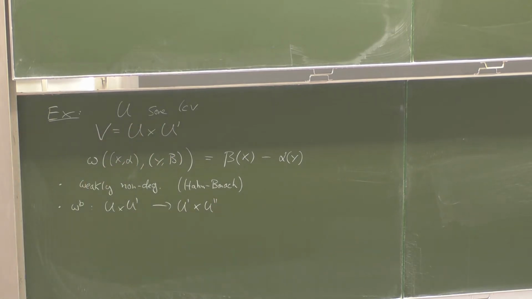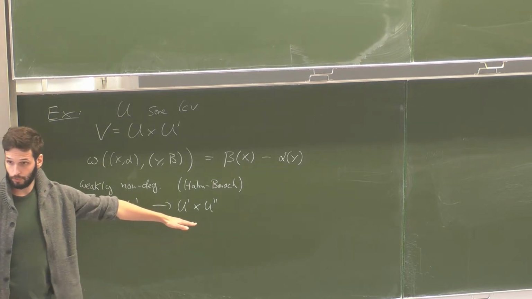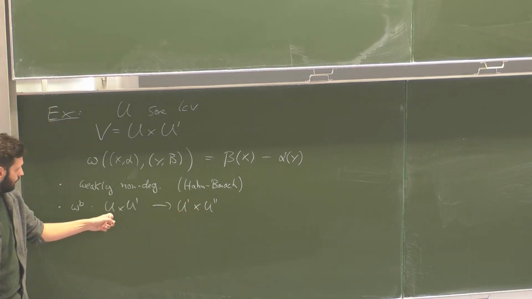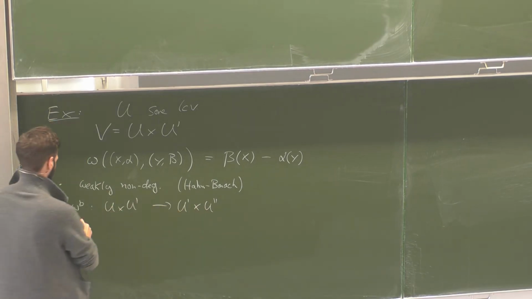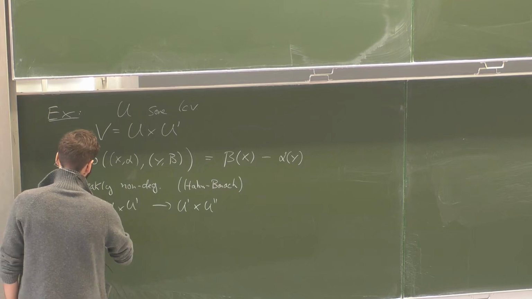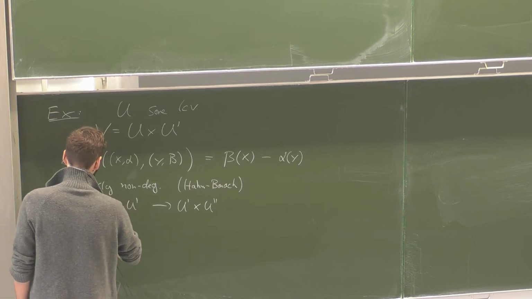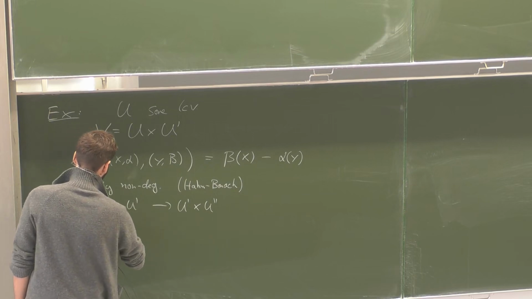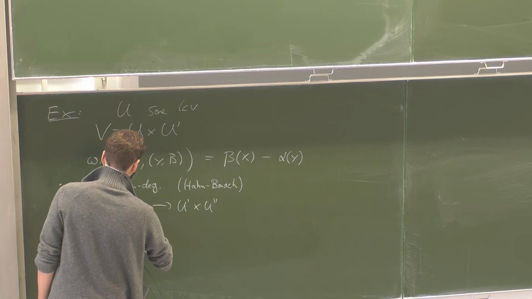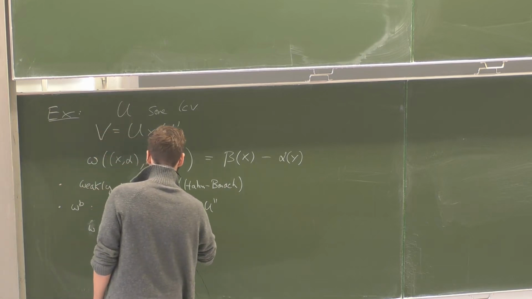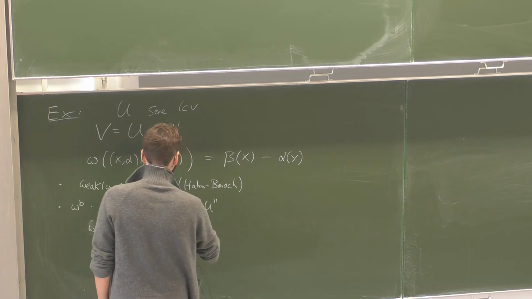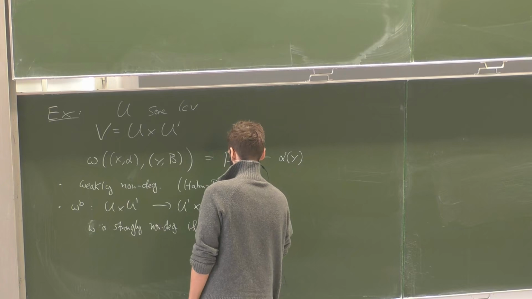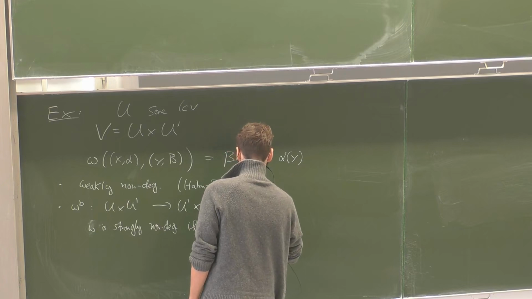You see already that in general you would not expect it to be surjective because U prime prime is strictly larger than U. So omega is strongly non-degenerate if and only if U is reflexive.